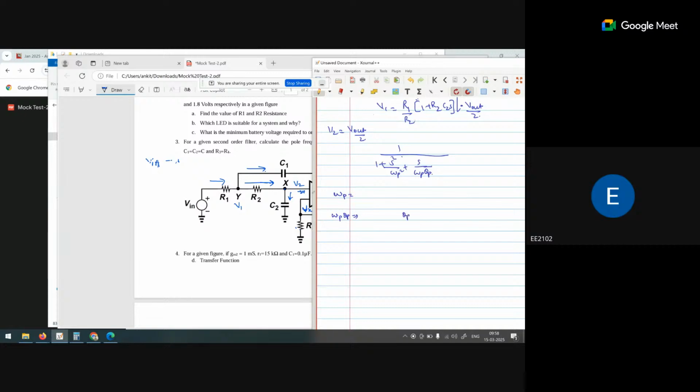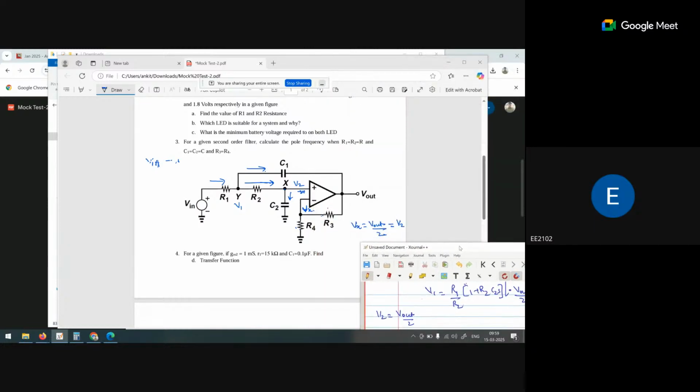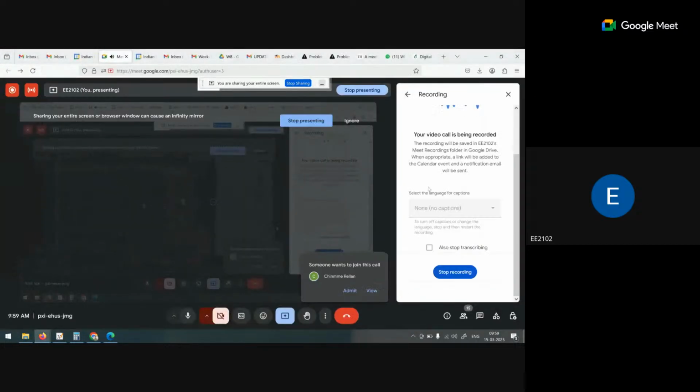Q p is nothing but, if I say this is the x and this is the y, then y upon omega p, so it is y by x. Now it can be calculated. So every second order filter we solve in this way.